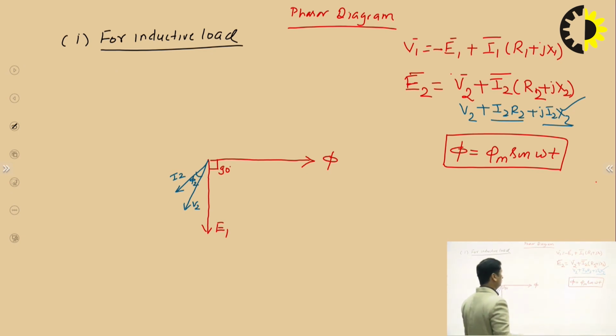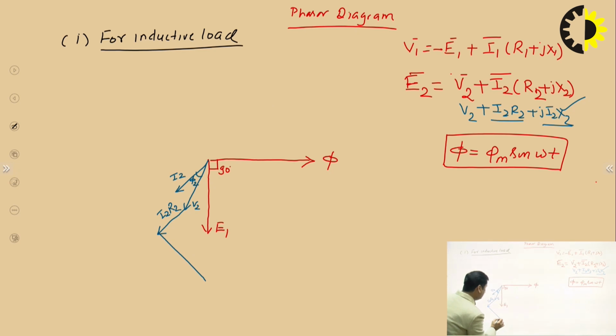Okay, so if we draw the phasor of this, we just add I2 R2 in phase with current I2. So in the phase of I2, you can just extend along this I2. This will be I2 R2, and I2 X2 will be 90 degrees leading this. So 90 degrees like this.